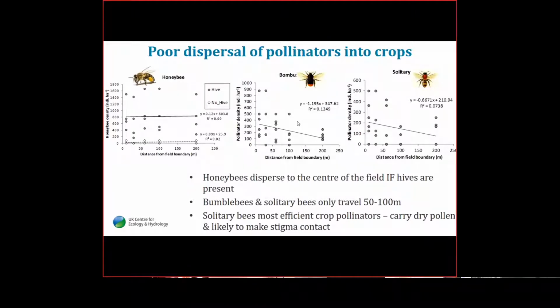They put the pollen in a ball and carry it back to their larvae, so there's less chance of that pollen transfer. Whereas solitary bees don't do that. They get covered in pollen, they're smaller also, and they tend to crawl around all over the flower, so they're much more likely to make stigma contact. So, they're more effective pollinators than Bombus and honeybees, though these two groups can fulfill an important pollination service because there's just many more of them, basically.